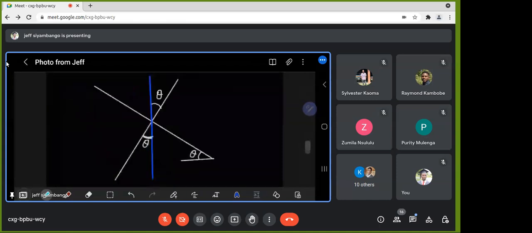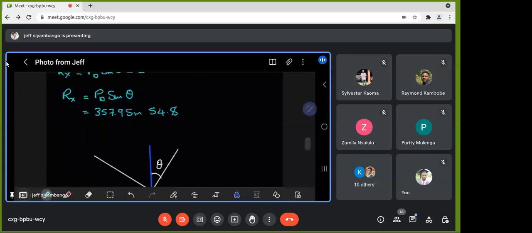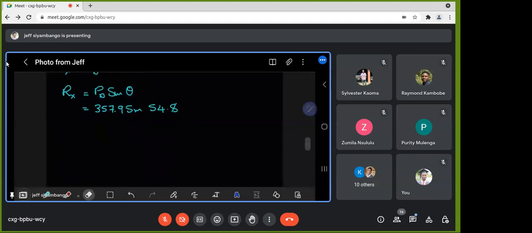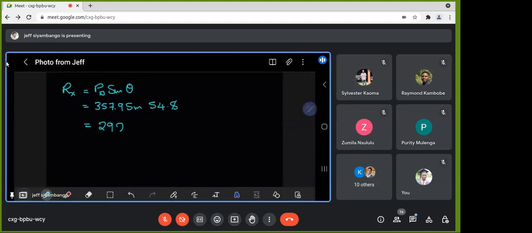Then this is sine 54.8. So what becomes the answer here? We get, that becomes 0.5 kilonewtons.